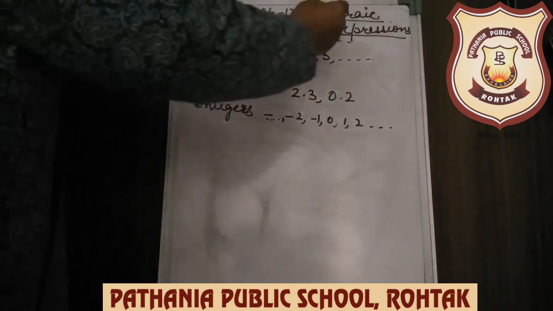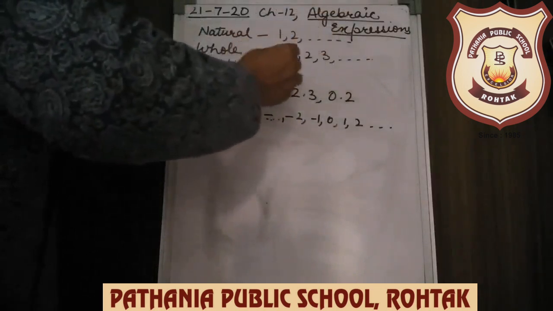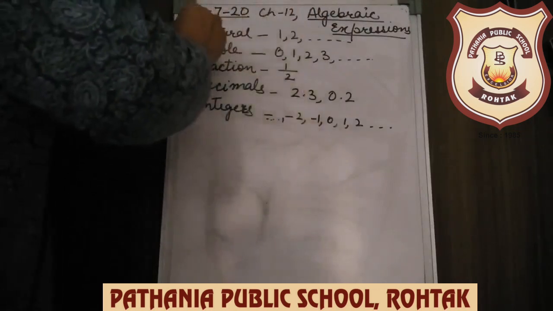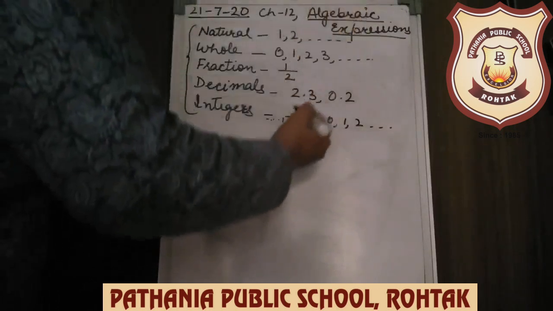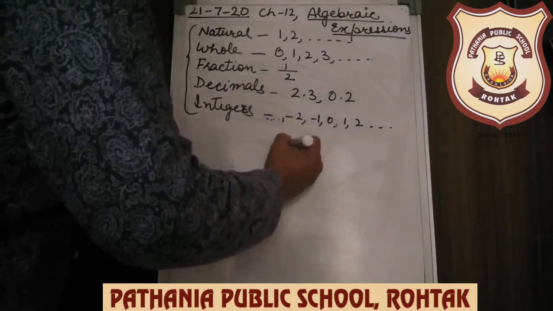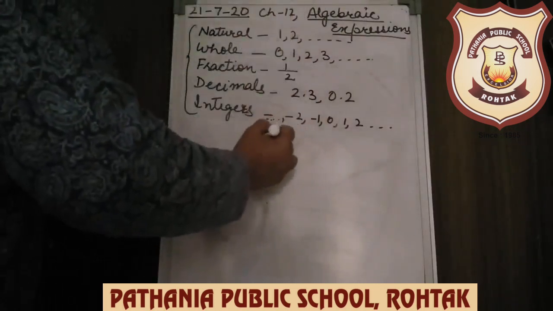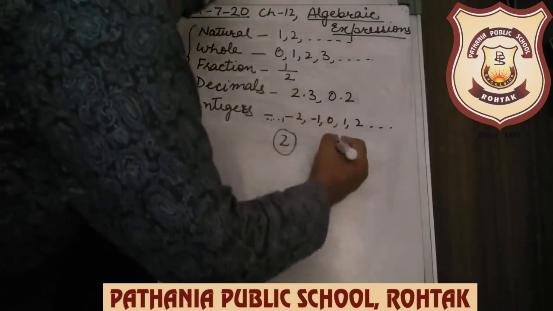But in algebraic expressions you will have all the set of these numbers, the same as what you have studied till now, but along with these numbers you have one more thing added. Suppose if I take 2 as a number, with this number there is one more thing, which is a letter of the English alphabet attached to it.